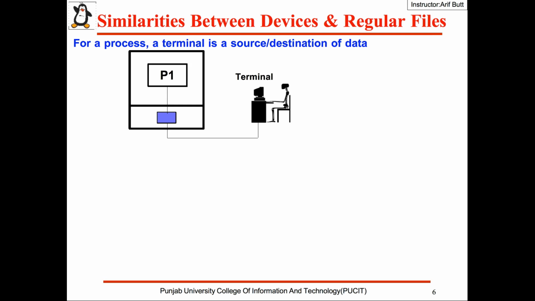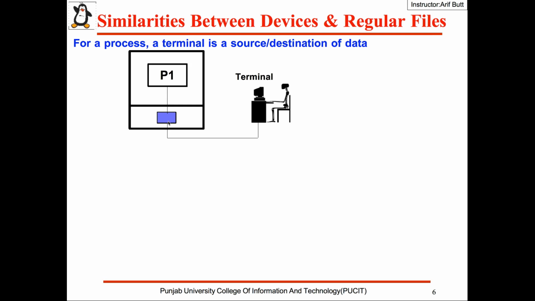Similarly, a process, as shown over here, P1, can write on the terminal device using the write system call or the putchar or printf library calls. This blue box inside the kernel is actually the terminal driver, which hides the details and lets the process interact with the terminal device without knowing much of the details.